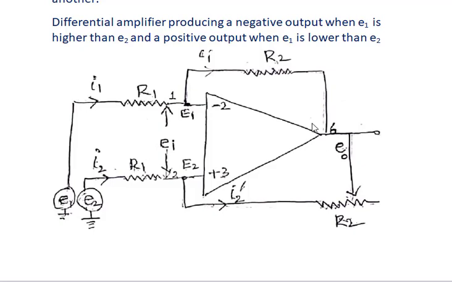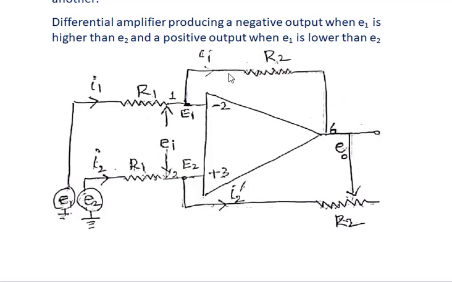And a feedback resistor is connected between the output and the inverting input. In the same way, another resistor is connected between the ground and the non-inverting input. Its value is taken as R2.